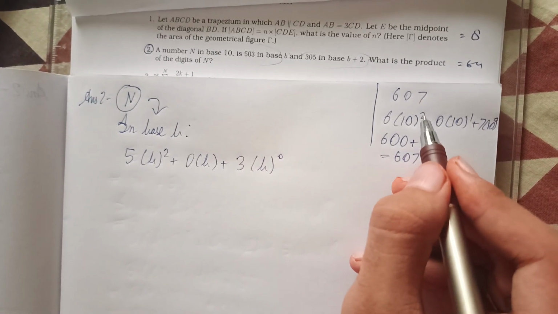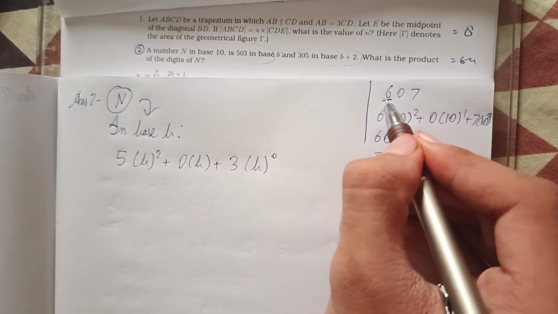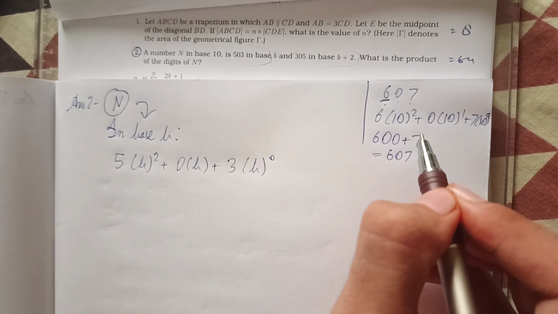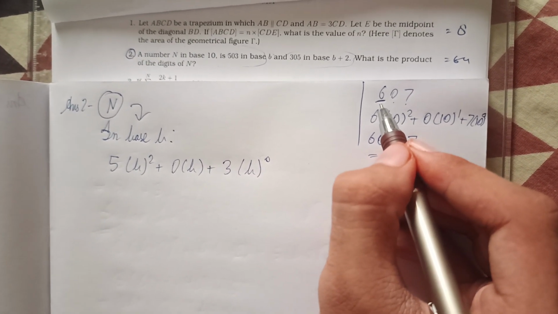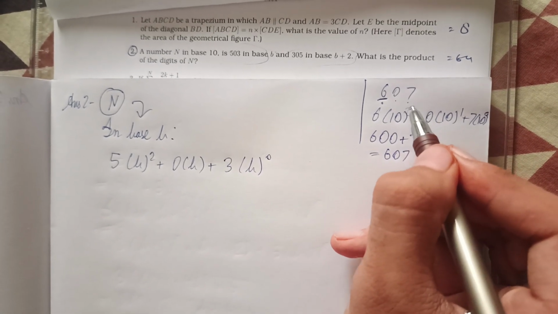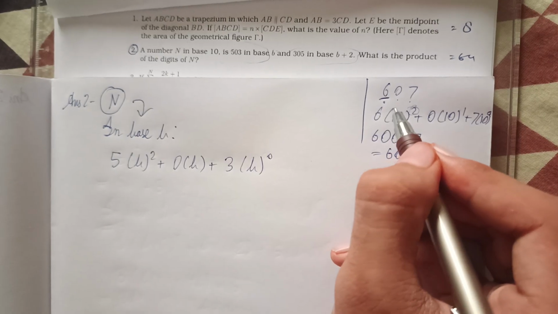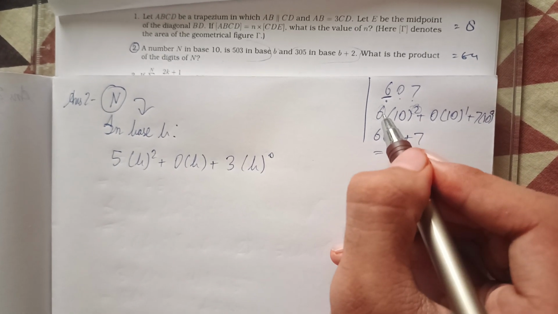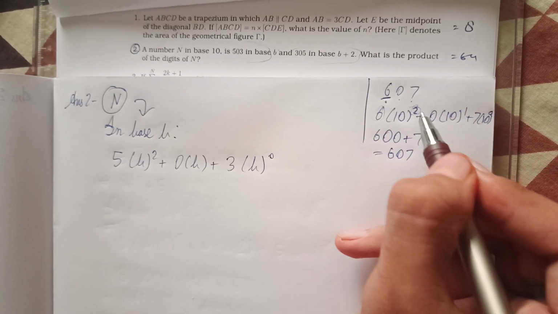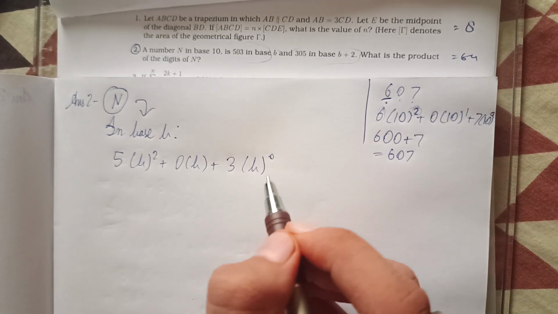How does the exponent work? Well, the position of the digit, like this is the first, second, third digit. The position, we can take it as n, so the exponent will always be n minus 1 for the digit that it's multiplying with. So 6 was at the third position, so the exponent that its base got was 2, which was 3 minus 1 basically.